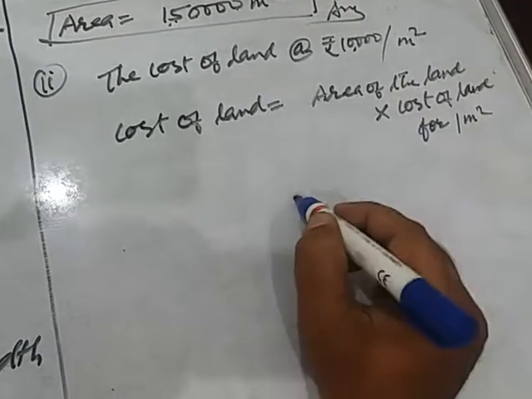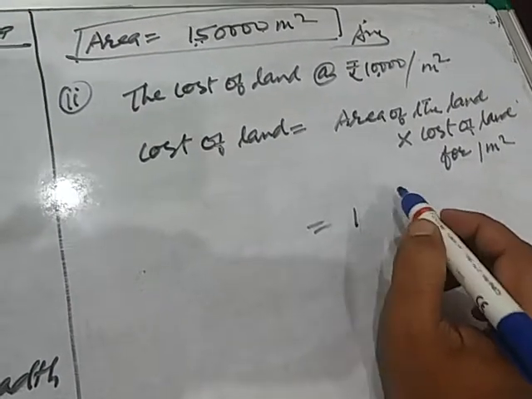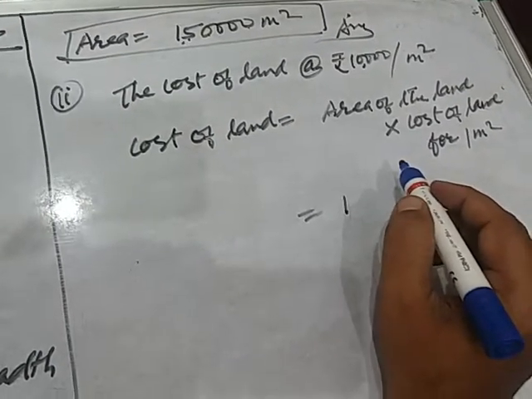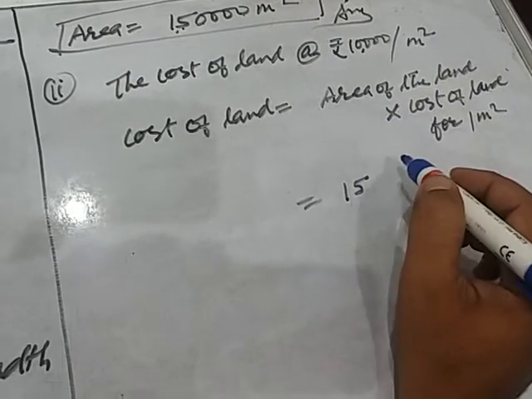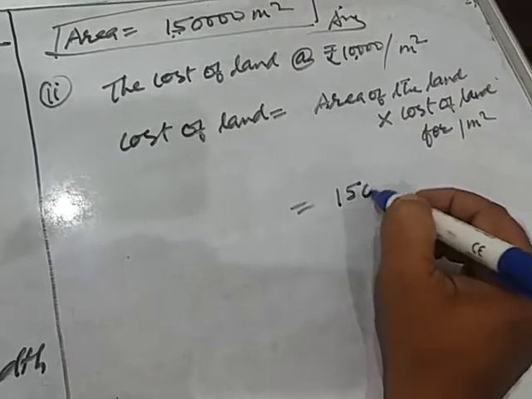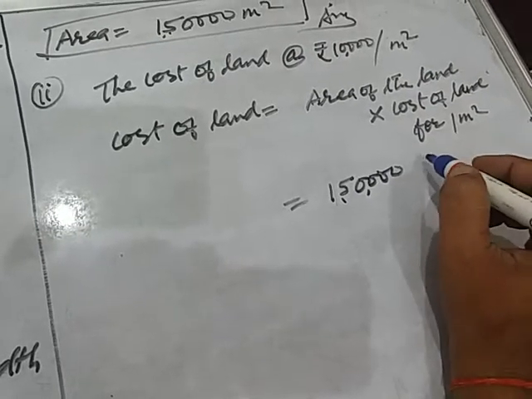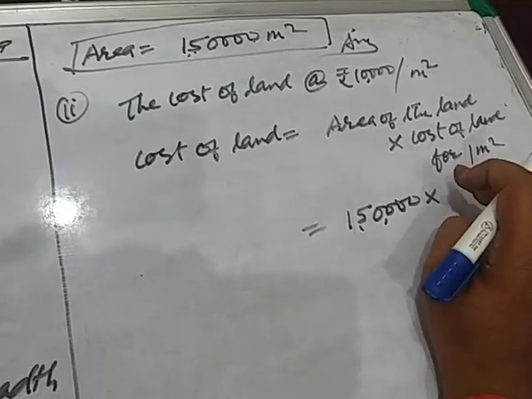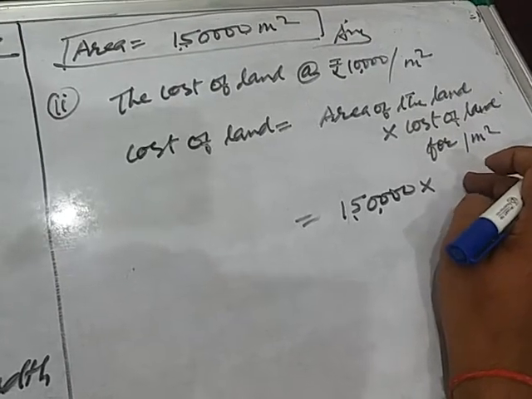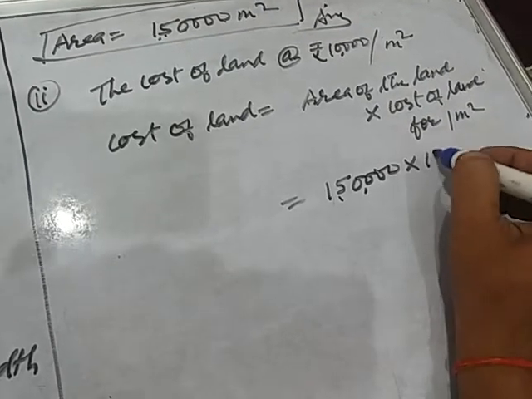Area of the land is 1,50,000 square meter, multiplied by cost of 1 square meter, that is 10,000.